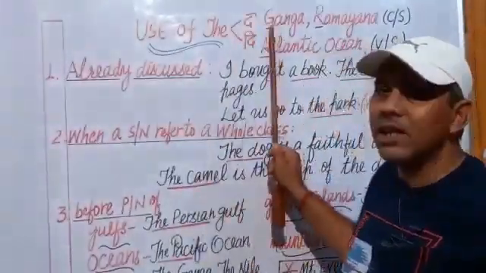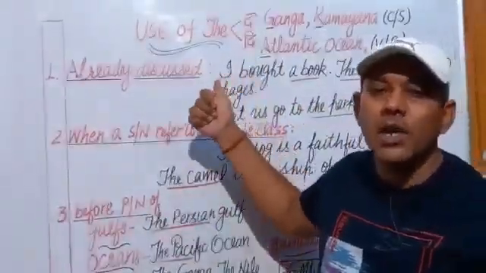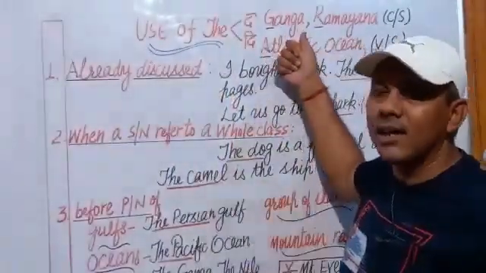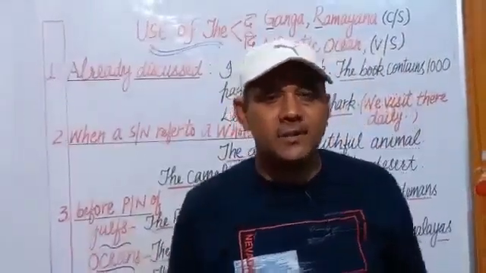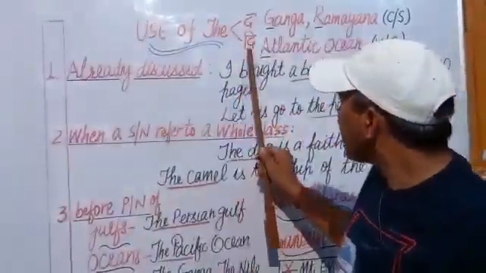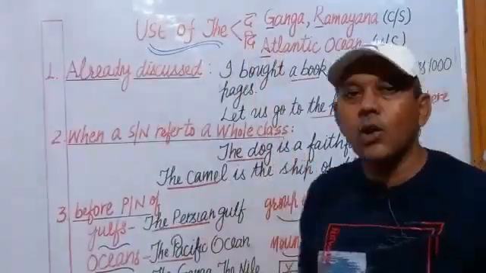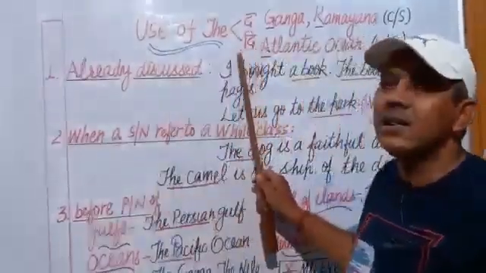If the following word begins with a consonant sound, we shall pronounce it thuh. For example, the Ganga, the Ramayana, the Bible, etc. But if the following word begins with a vowel sound, it is pronounced as thee.